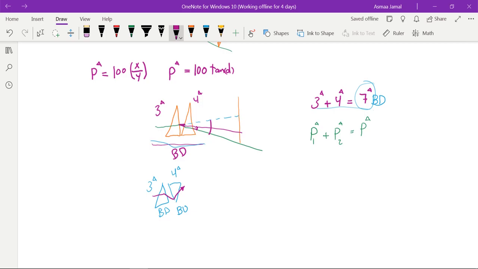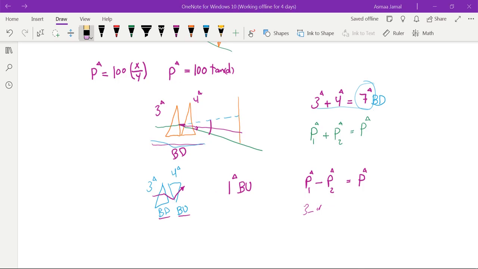So the resultant total power will be just 1 prism only. And since the up is more than the down, this one will be 1 base up. So if the directions of the two prisms are different, we will subtract. And here we will not care about negative or positive. 3 minus 4 is minus 1, but we don't care about that here in our prism.